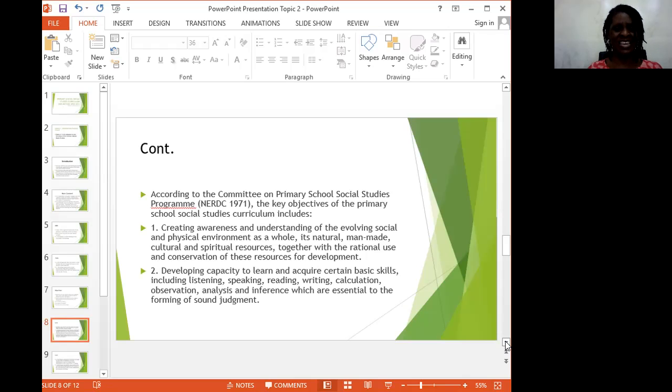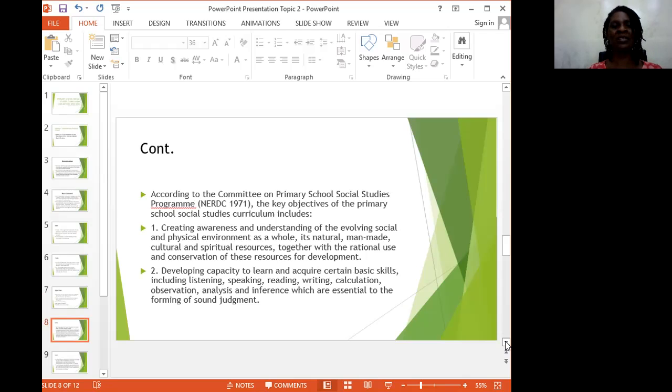That is, its nature, its natural, man-made, cultural, and spiritual resources, together with the rational use and conservation of these resources for development.